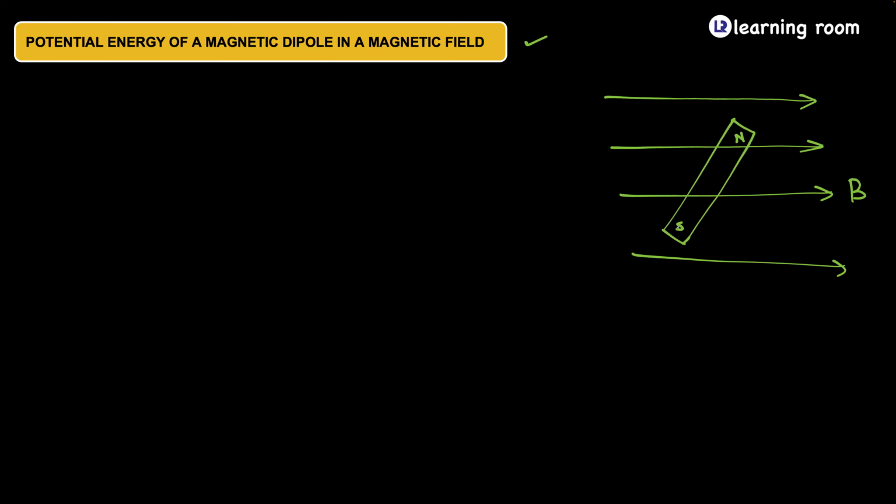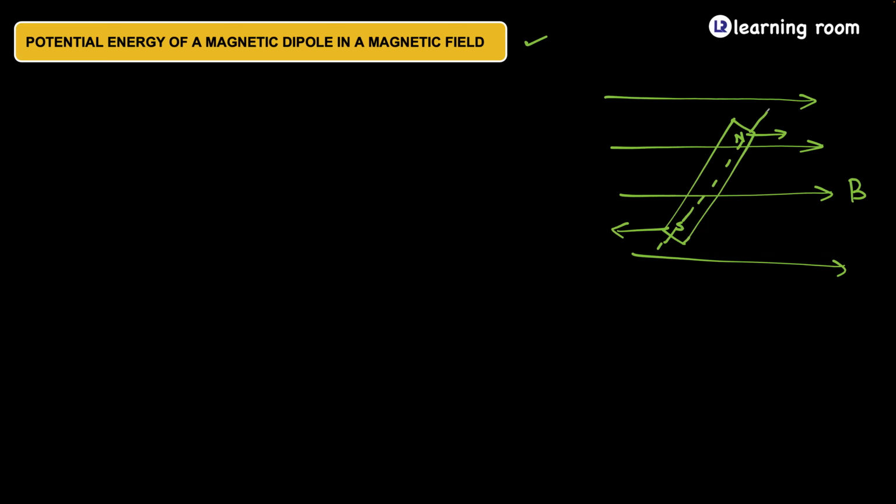The North Pole, due to this magnetic field, will experience a force to the right. Similarly, the South Pole will experience a force to the left, due to which it has a tendency to rotate. It will experience a torque, which is mb sin theta.